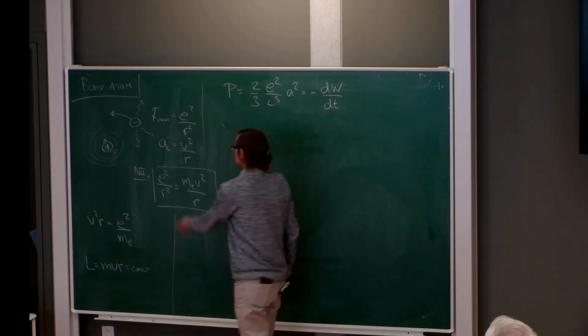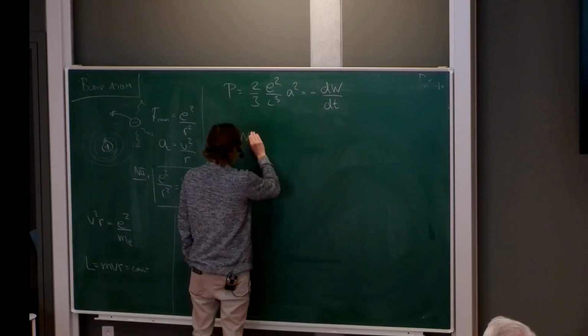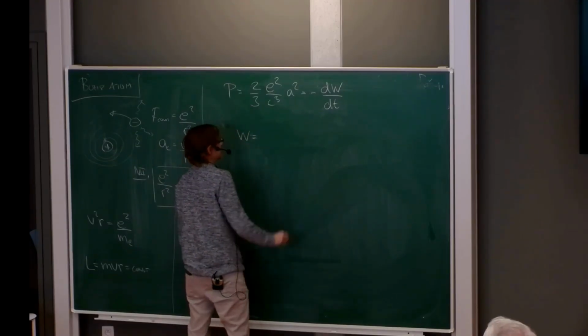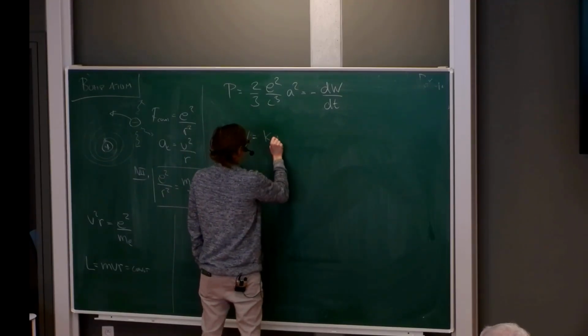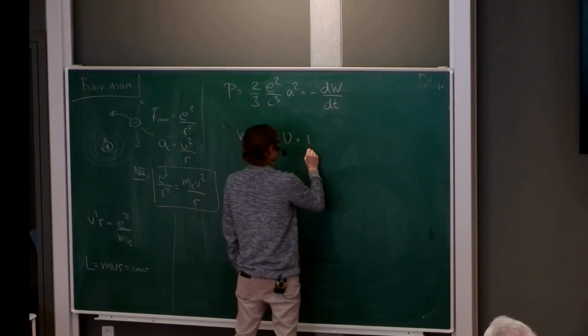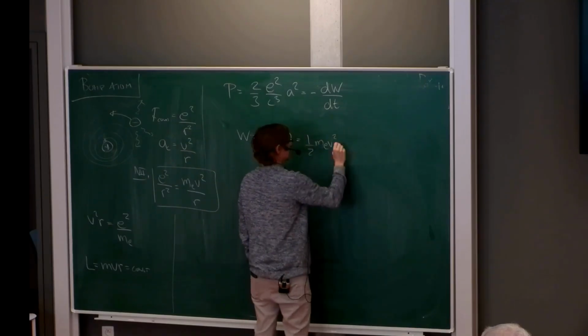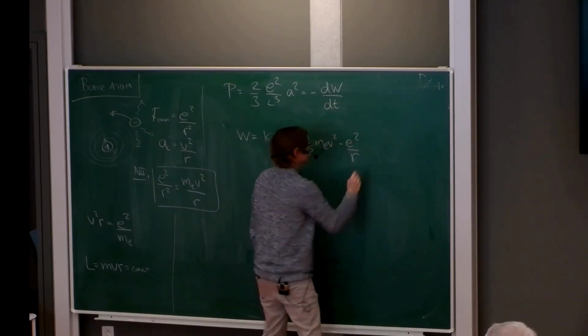So in this case, what's the total energy of the system? Well, that's again the kinetic energy plus the potential one. In this case, the kinetic energy, of course, is m_e v squared over 2, and the potential is just the Coulomb potential.